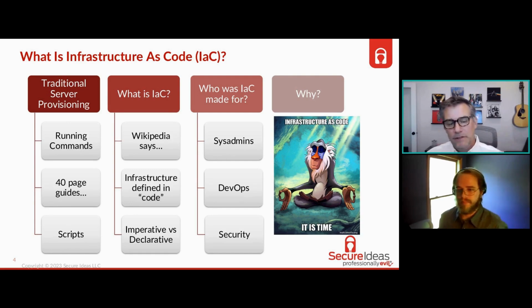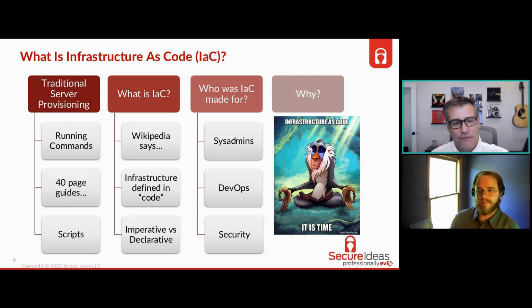Configure it this way. The reason scripting and automating was so difficult was because you had to think through and define all the steps to get from the blank slate to that final product. Whereas what you really wanted was, this is the final state I want to be in, give me this final state, and you let something else do the hard work of getting there.